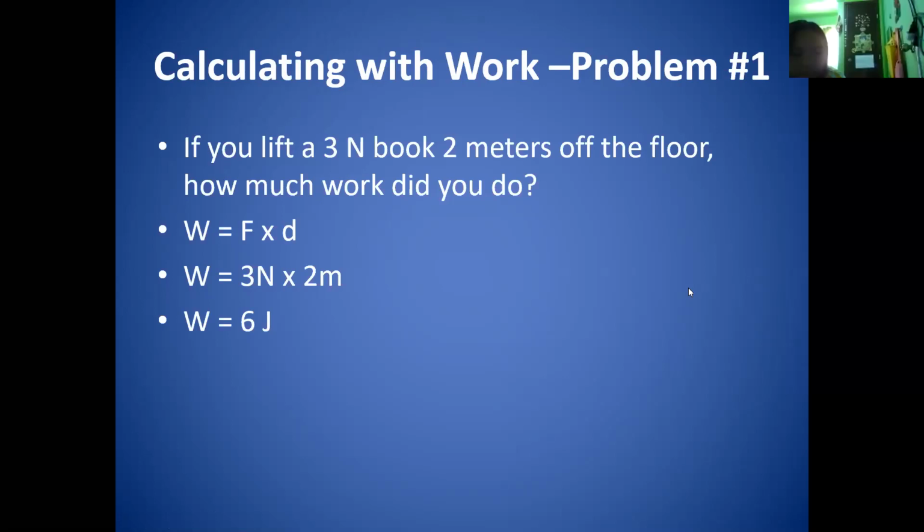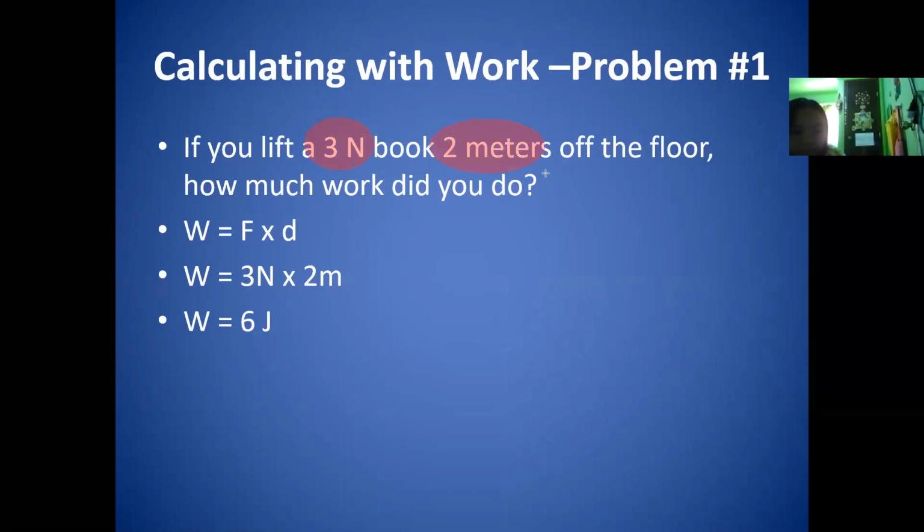Okay, so again, the problem goes like this. If you lift a 3 Newton book 2 meters off the floor, how much work is being done? You look at the problems given. Analyzing the given of the problem, we have here 3 Newtons and 2 meters. So 3 Newtons is our force and 2 meters is our displacement.